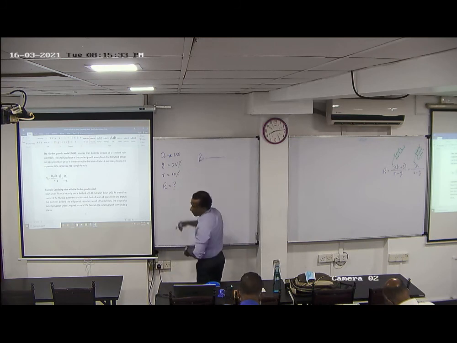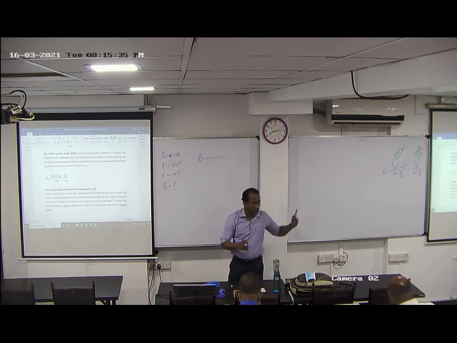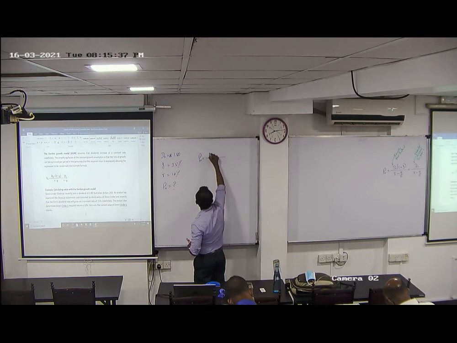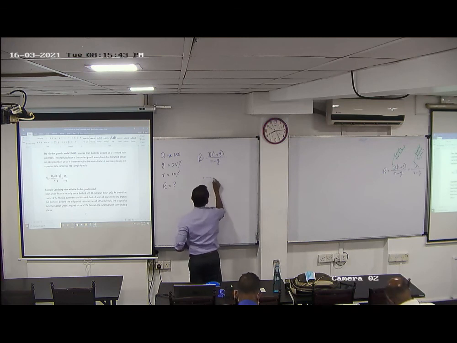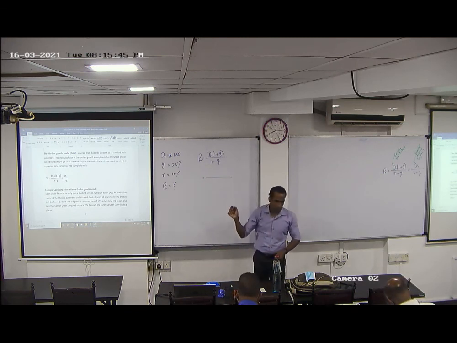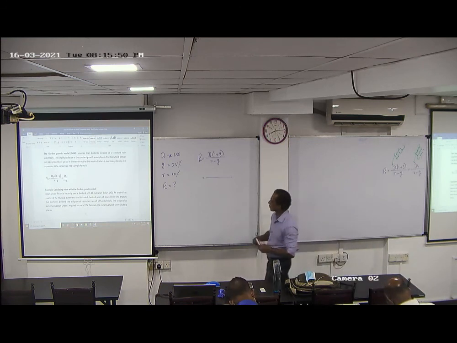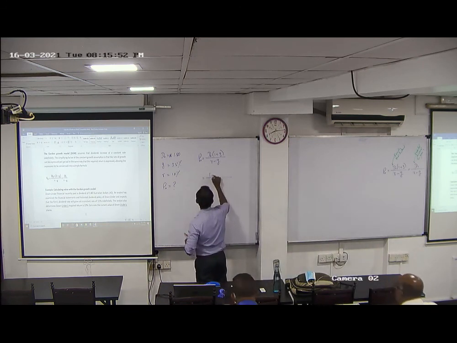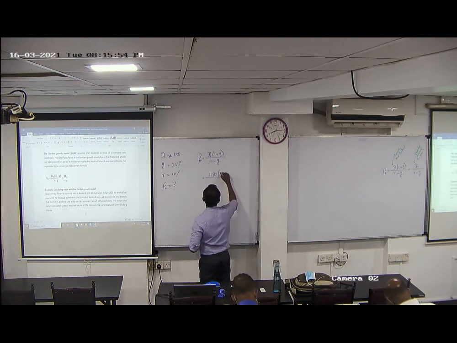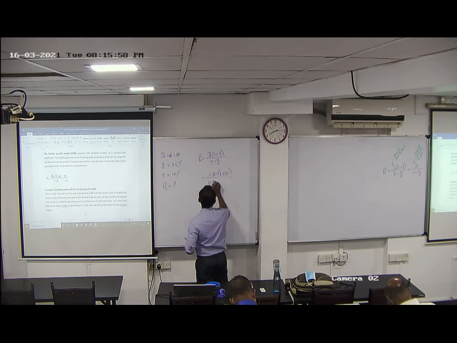So here we have D0. When we have D0, we can use the formula this way: D0 into 1 plus G divided by R minus G. So we have the values for all the variables. We can very easily calculate the price. So it is 180 into 1.035 divided by 10% minus 3.5%.